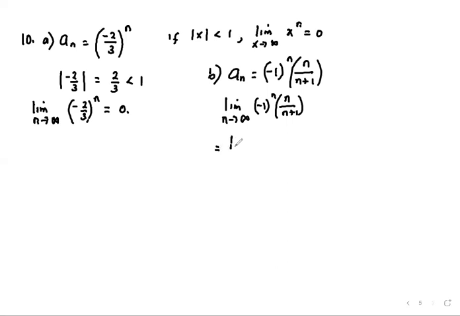So we'll have the limit as n goes to infinity of (-1)^n, and the limit as n goes to infinity of n/(n+1). Now you understand that this limit here can easily be found.